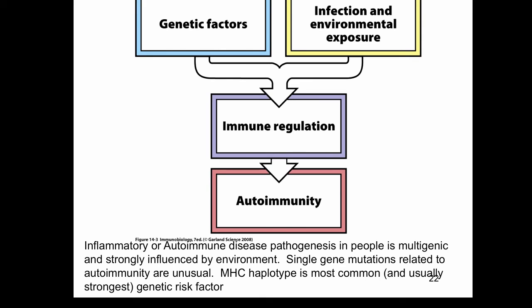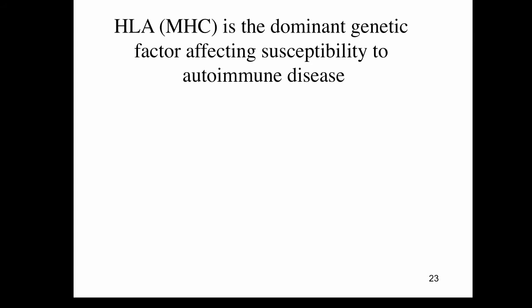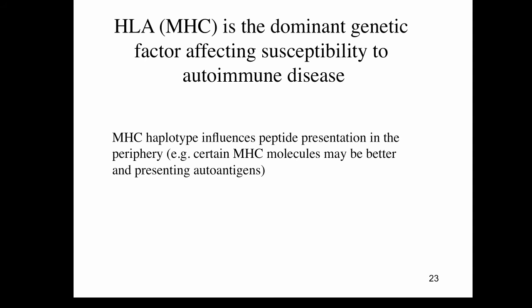The most common is the one that I mentioned previously in an earlier session. MHC haplotype, or the MHC genes you inherit from your parents, is the most common and usually the strongest genetic risk factor. The reason HLA is the dominant genetic factor is multifold.